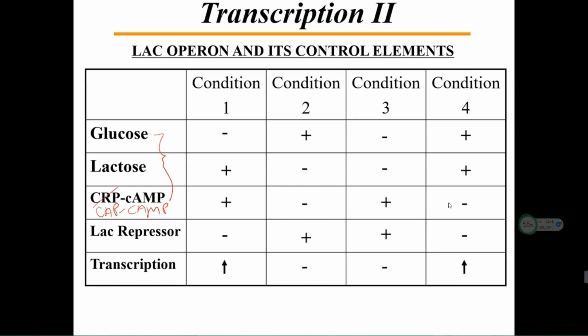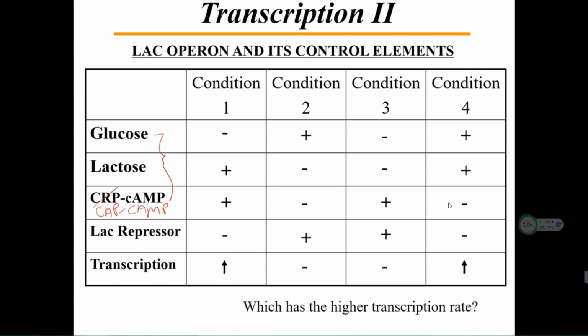Okay, so then the next question becomes, which condition actually provides a higher rate of transcription? Is it condition number 1 or condition number 4? Think about what will increase the rate of transcription. Which has a positive regulatory control on the rate of transcription?